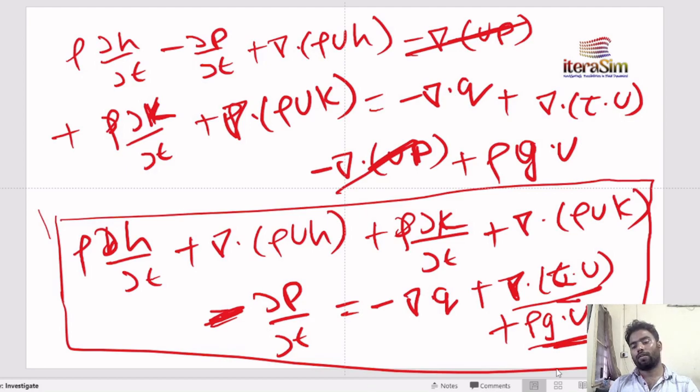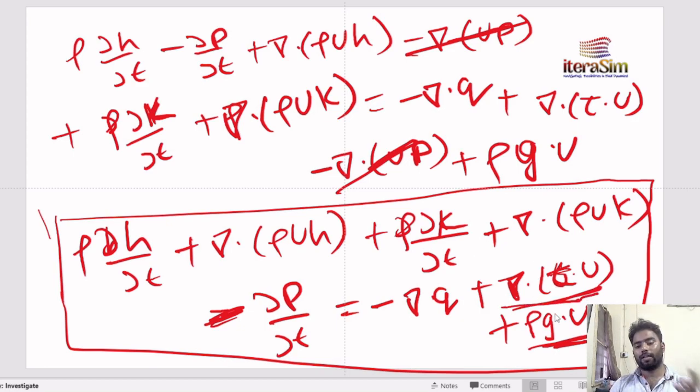If there are no specific requirements, these terms are ignored, because the contribution due to the strain energy and the change of the potential energy is negligible.